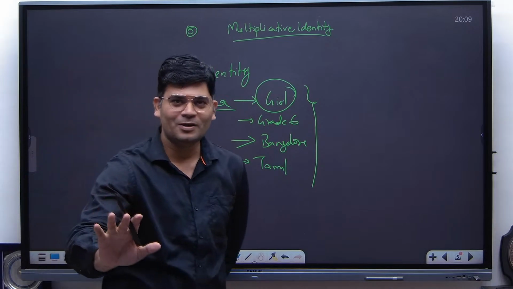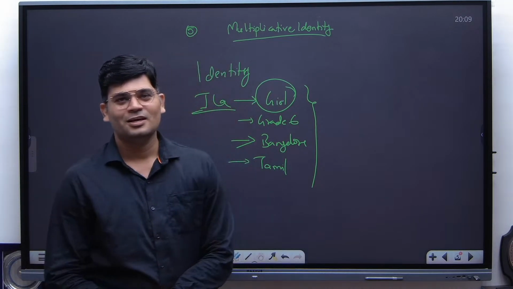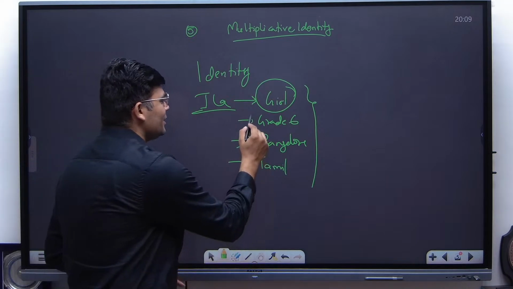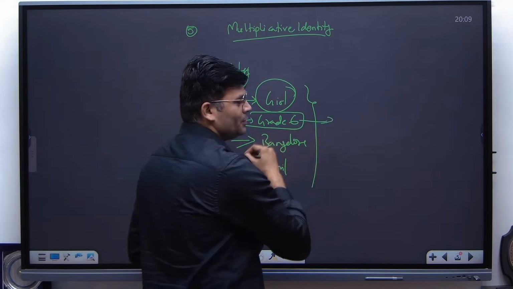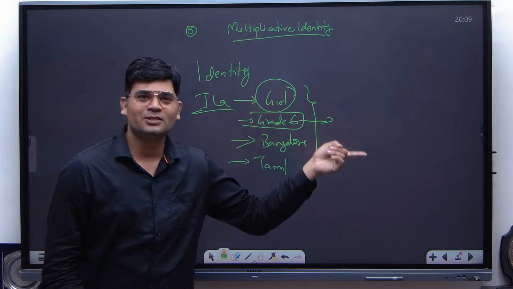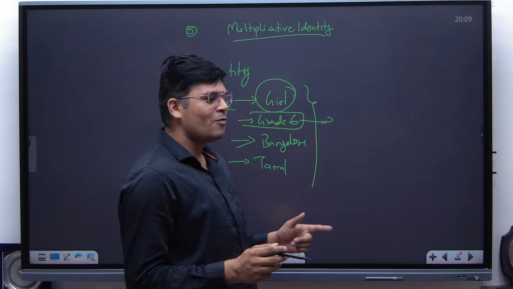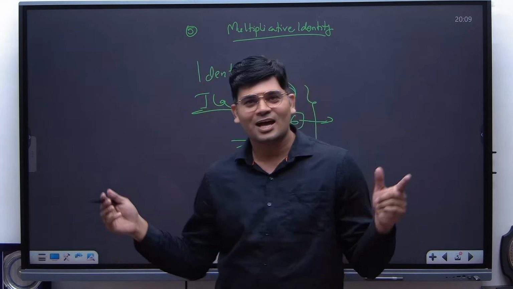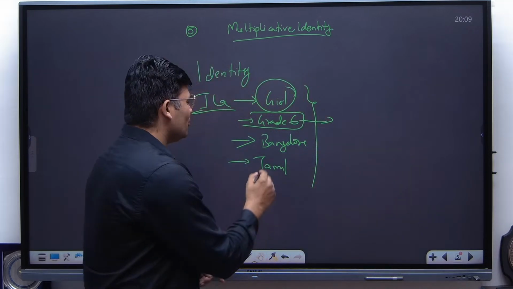Maybe it may not happen, but most of the cases are like this. If there is a fight between grade 6 and grade 7 people, you are going to support your own identity, that is the person who is in grade 6. If somebody from Bangalore and somebody outside the state are fighting, you are going to support Bangalore.